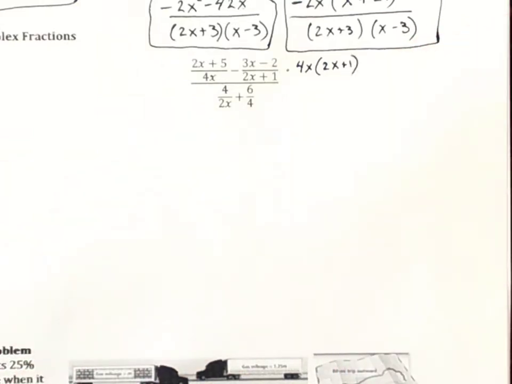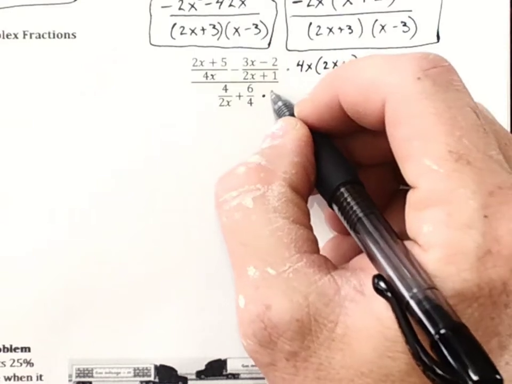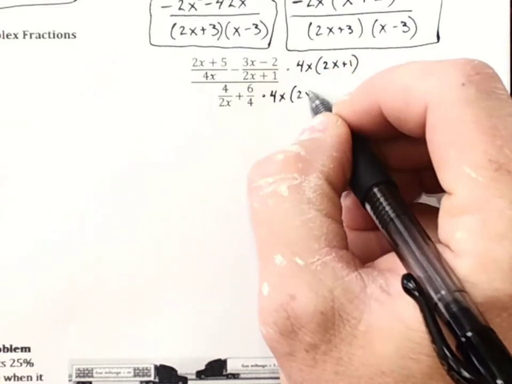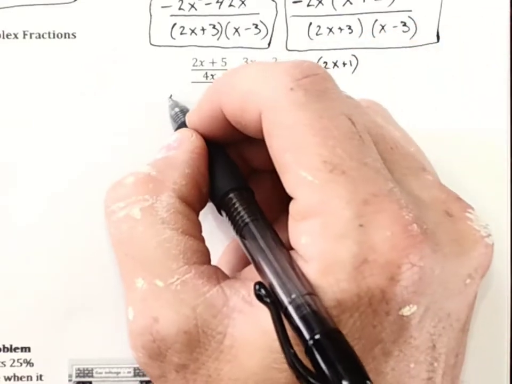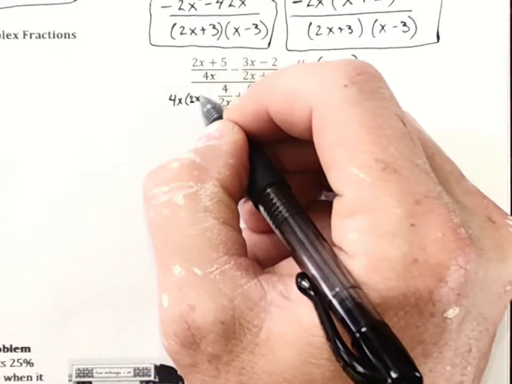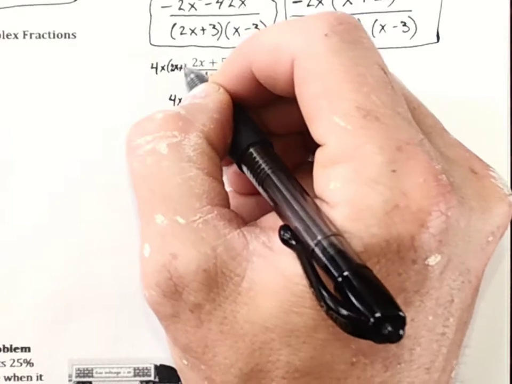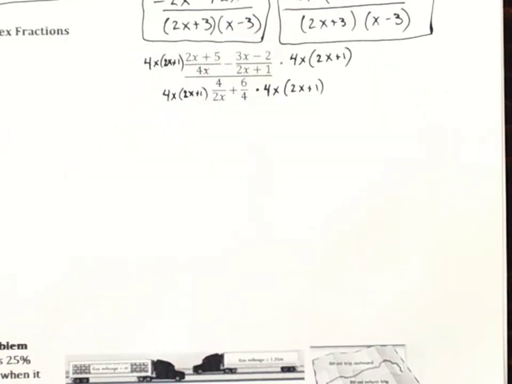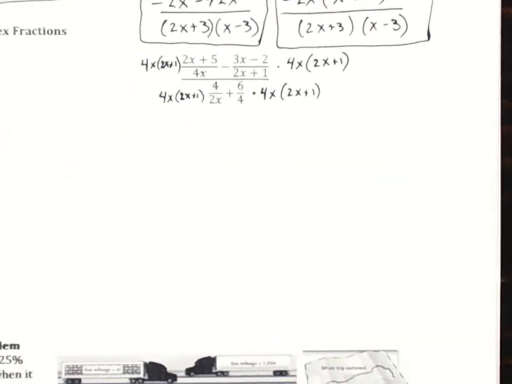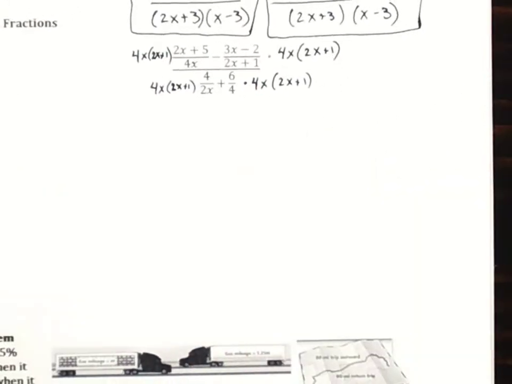Now, what you can do is you can multiply every single term by this common denominator. And what it'll magically do is it'll get rid of the denominator and bring it all together at one time. But you have to be able to recognize the common denominator.